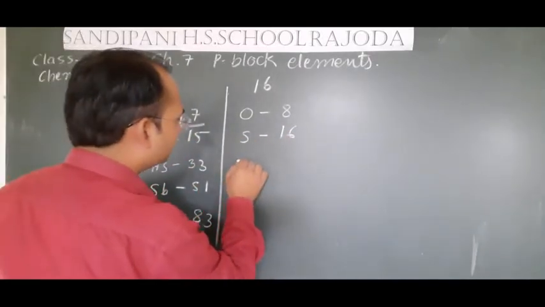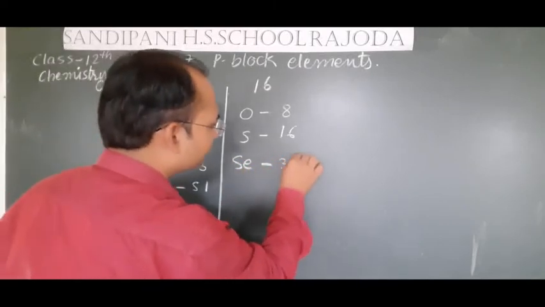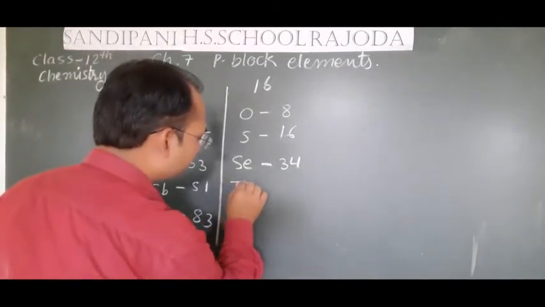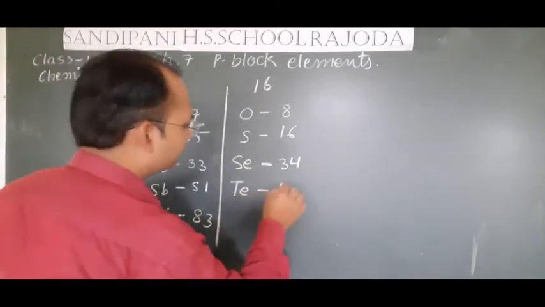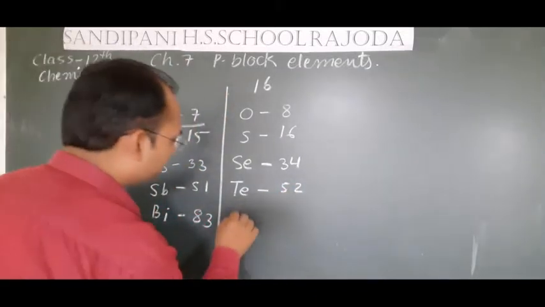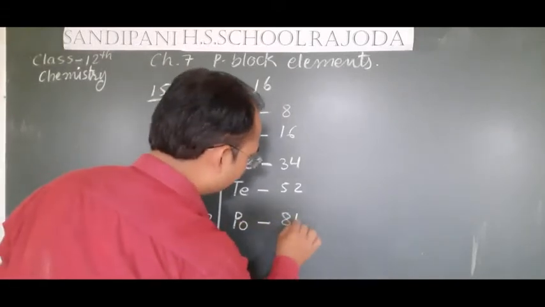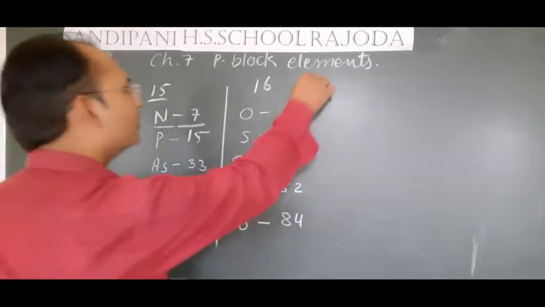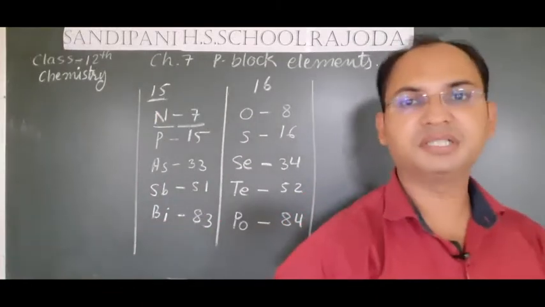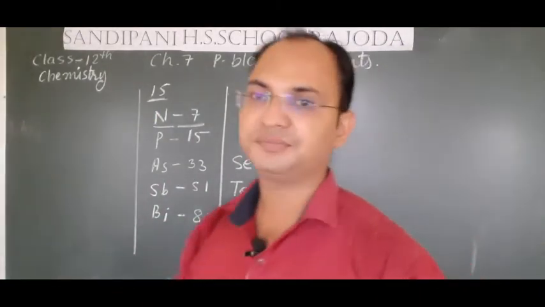Third member is selenium, that is Se, and atomic number is 34. Fourth member is tellurium, Te, its atomic number is 52, and the last member is polonium, Po, its atomic number is 84. So students, you must remember the names of the elements that are present in group 15 and 16 in order to understand this chapter.